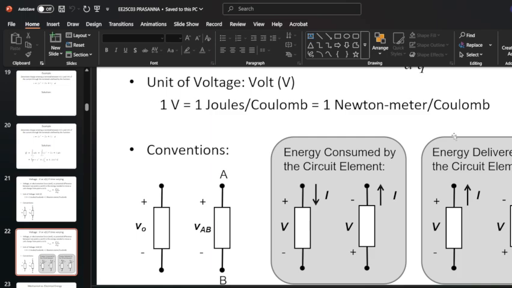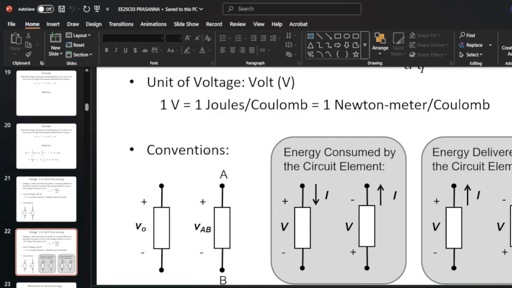In future we will solve network theory, next semester, and in this semester we also study simplification of network problems. So the current direction inside means energy consumed. Energy consumed by the circuit elements, the arrow will be in the downward direction, that means from positive to negative. That is the meaning.